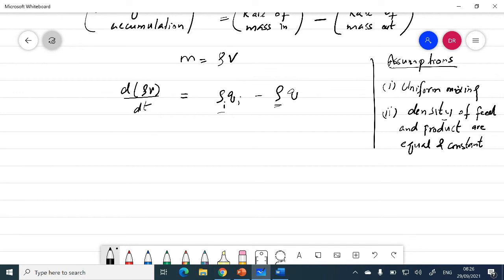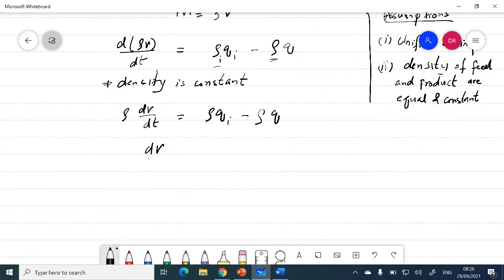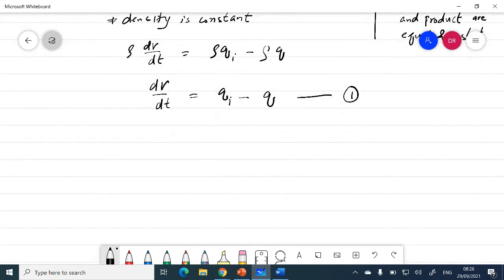Here we have the assumption that density is constant, so it will become rho dV over dt is equal to rho Qi minus rho Q, and we will get the dynamic model for the volume as dV over dt equals Qi minus Q. Let's say this is equation number 1. So this is how the volume changes as a function of time, and this one we learned in many examples.